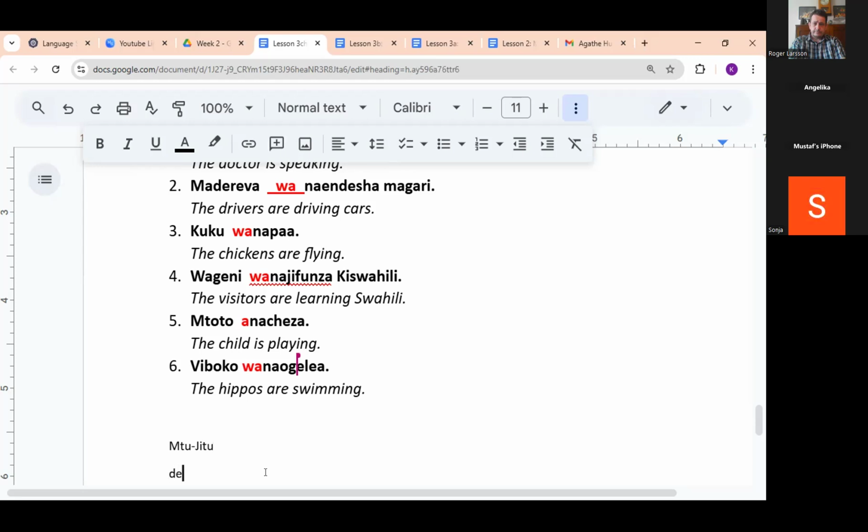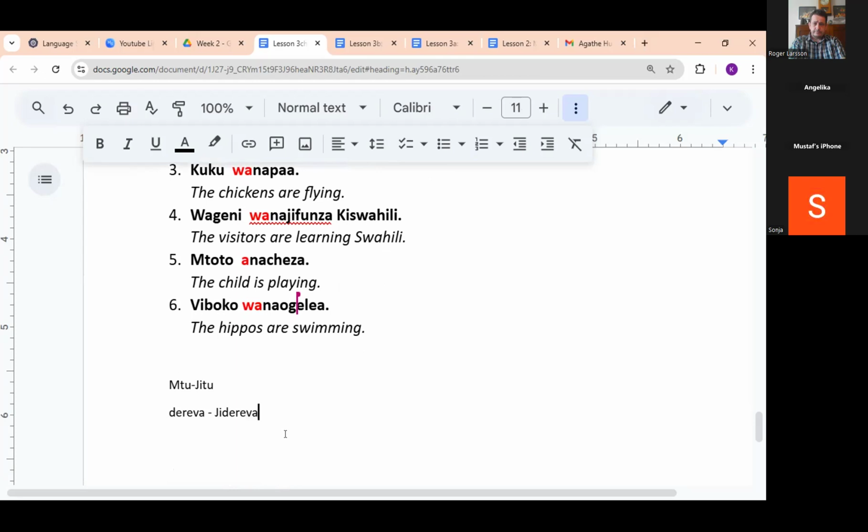Dereva is a driver, but we say jidereva, which means a huge driver, like a giant. In fiction, you can use these features. We normally use them either to praise something or to criticize something. But we'll talk about this magnification when you reach the GMA class, and also the diminishing form of Swahili nouns when you reach the KV class.